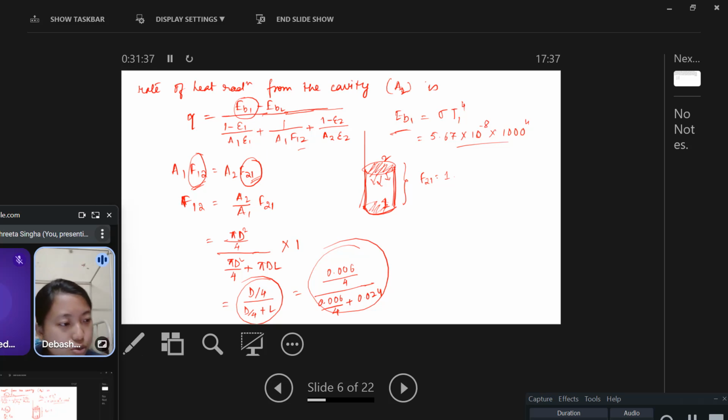Now from here, what else do we know? This EB2 is 0 because we have considered the second surface as a black body at 0 Kelvin. And epsilon 1 is given, the emissivity for surface 1 as 0.8. A1, A2, everything we know, but we don't know this.